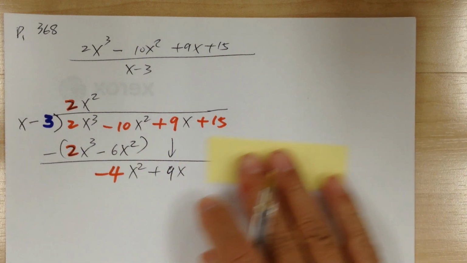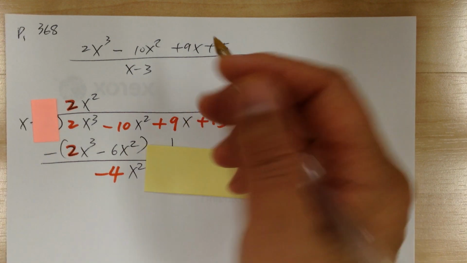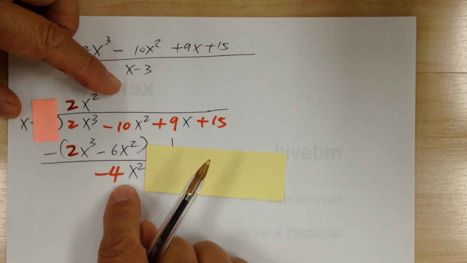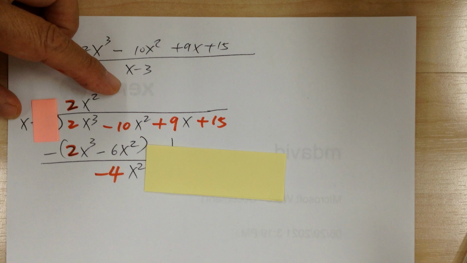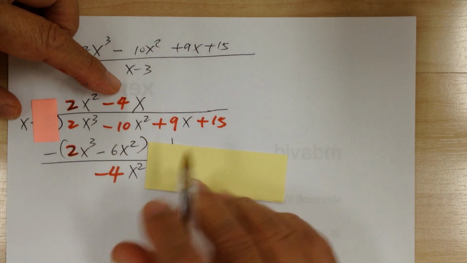Now we're going to do the same thing, repeat the process again. Now you look at this one over here. x times what will give you negative 4x squared? It would be negative 4x.